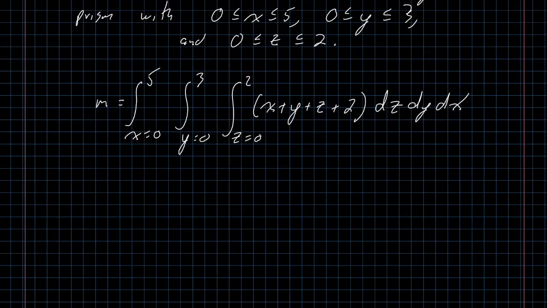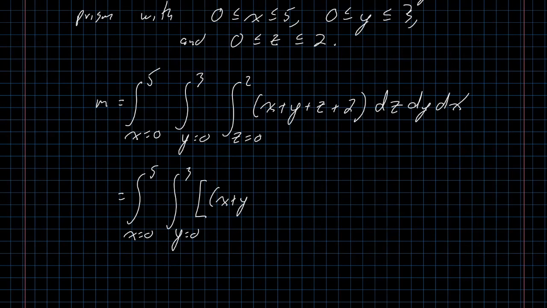All right, integrating this thing with respect to z. Notice that x, y, and 2 are all constant with respect to z. So we will have x plus y plus 2 all times z, and then z itself will give us a 1/2 z squared term.